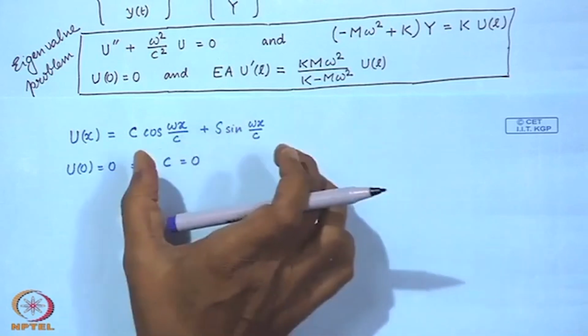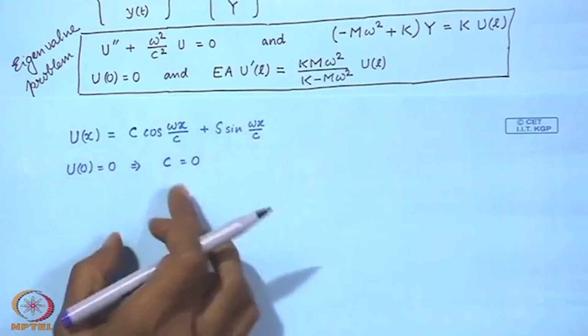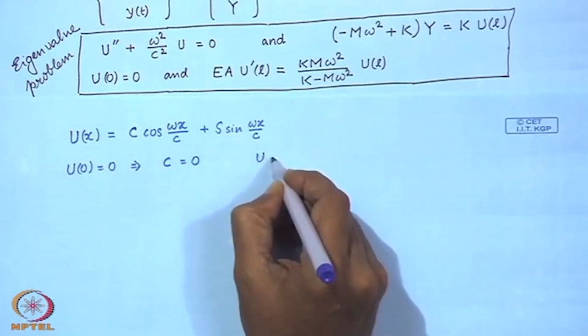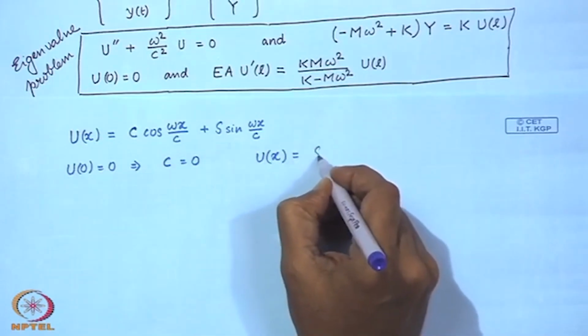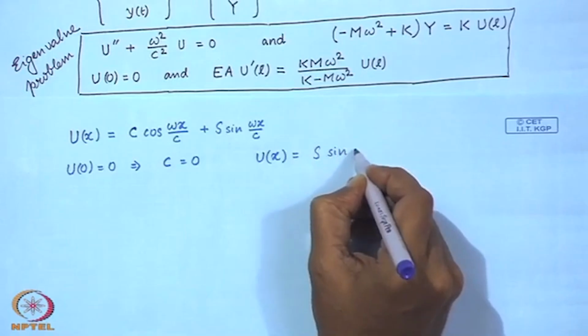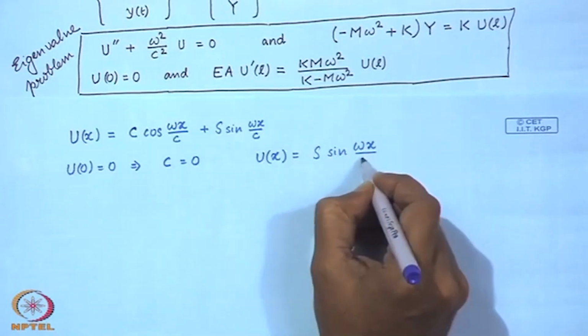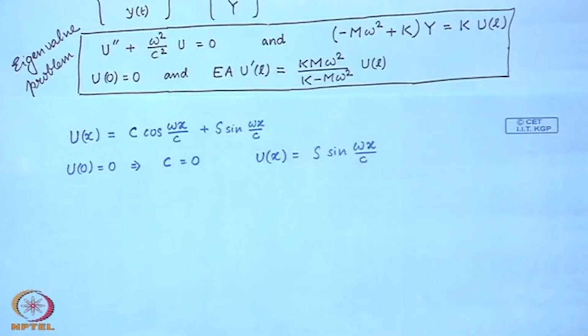Now, this therefore becomes simply S times sine of omega x over c.